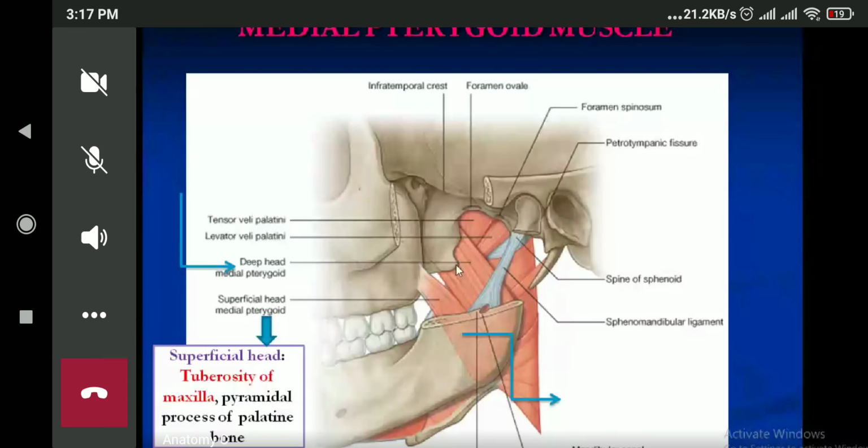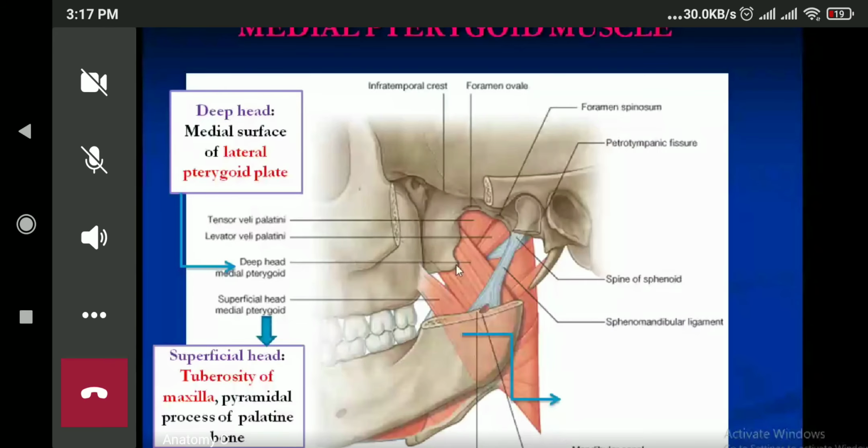It will arise from the medial surface of the lateral pterygoid plate. The lateral pterygoid plate has two surfaces, the lateral surface and the medial surface. From the lateral surface the lateral pterygoid muscle will arise, and from the medial surface the medial pterygoid muscle will arise. You have to be clear about this.